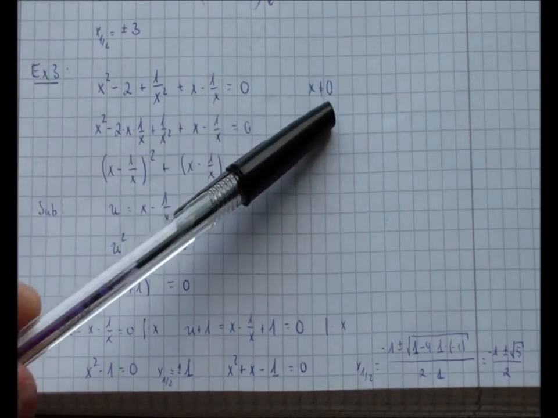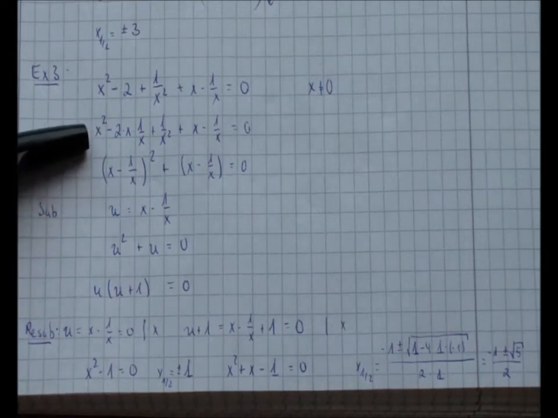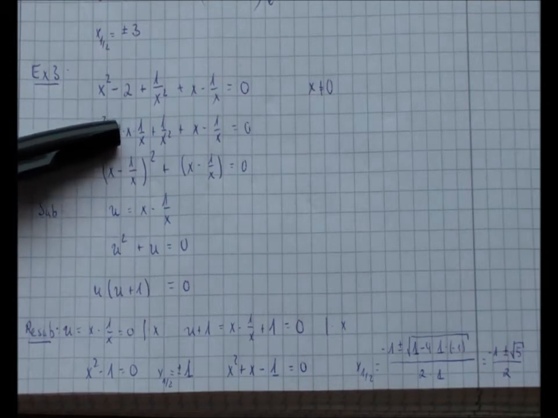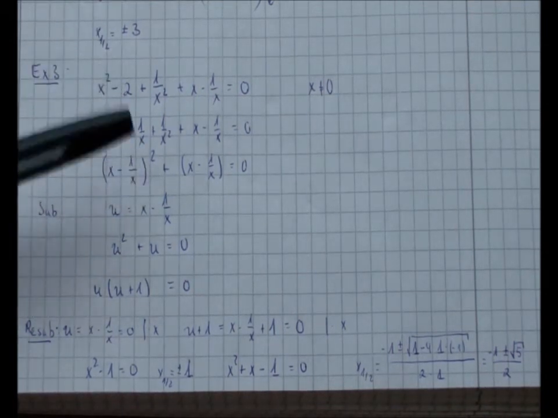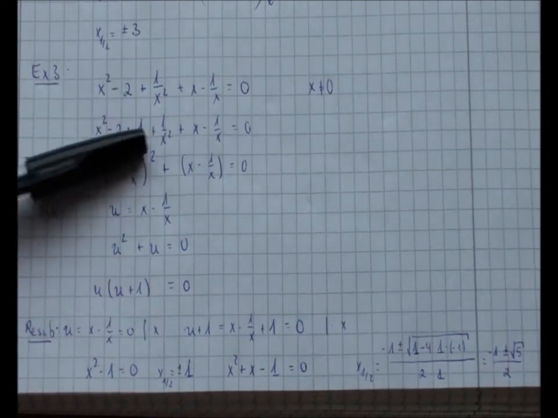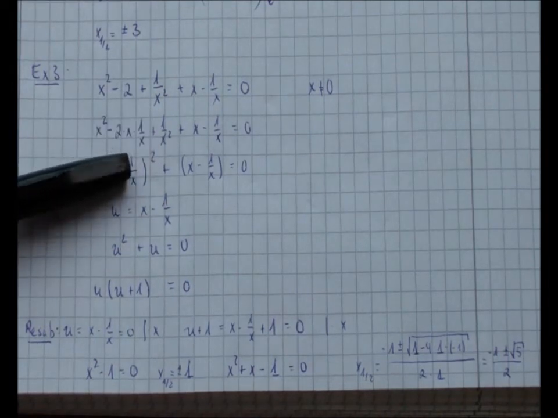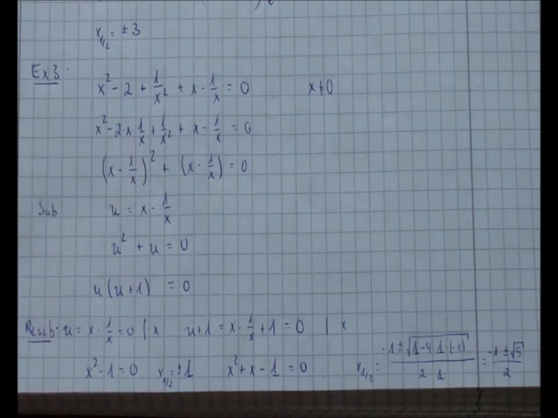Very importantly, you get the condition that x is unequal to 0. Now I do a little trick on the next line. I take the x squared minus 2, and I multiply with x and divide with x. Actually, I'm completing the square, just to make it more obvious to see what it is.